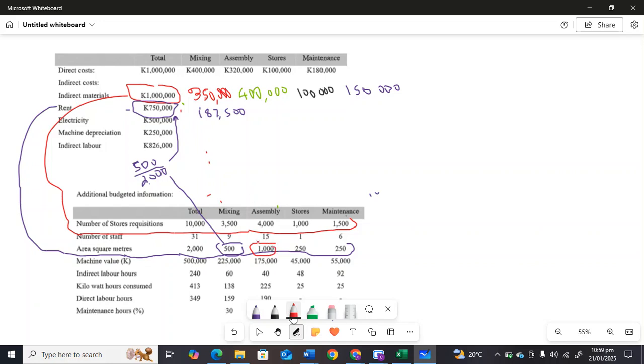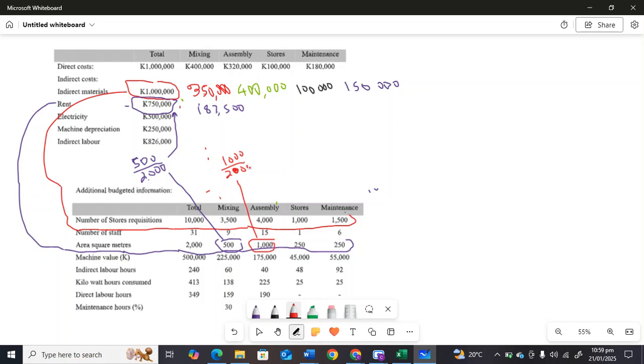So we're going to say 1,000 over the total number of square meters, 2,000. That is 0.5. 0.5 multiplied by 750,000.